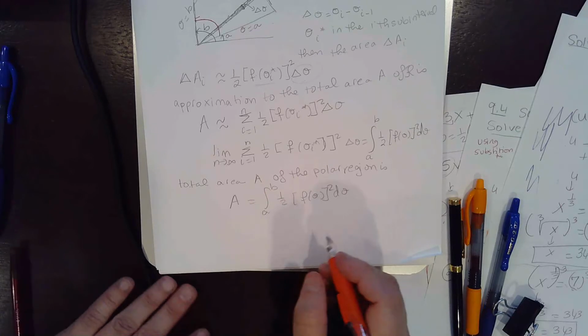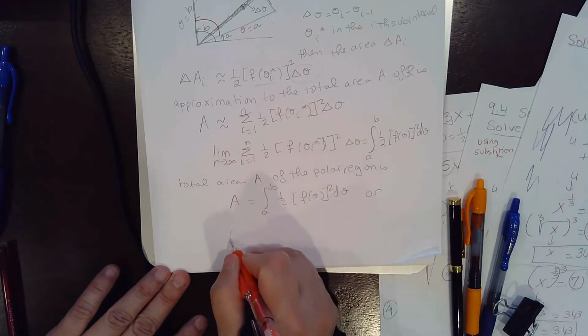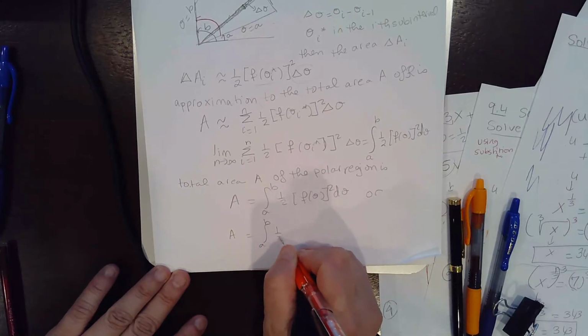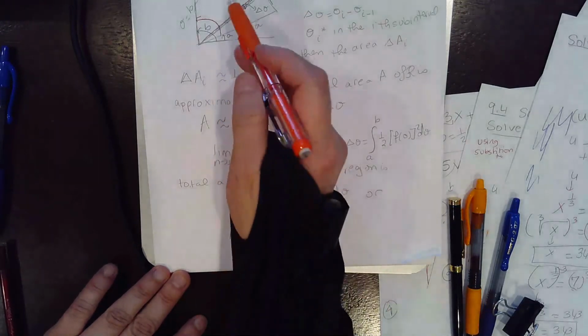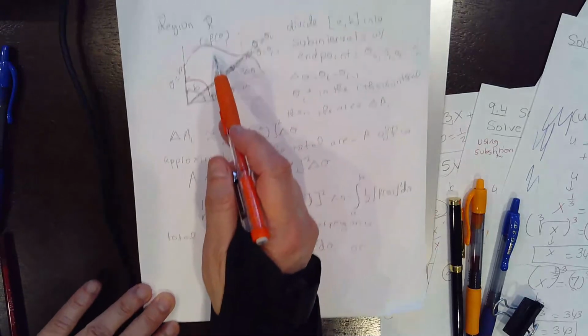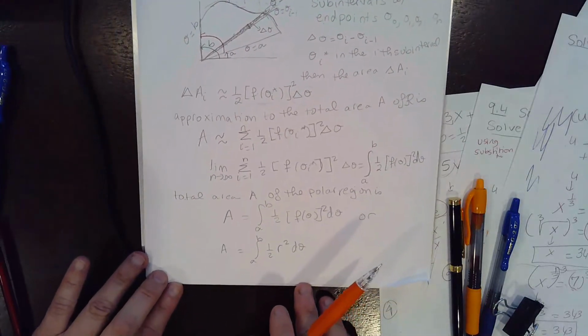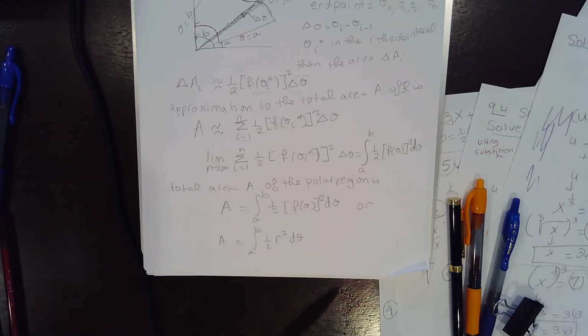This is often written as the integral from a to b of 1/2 r squared d theta. Remember, r is equal to f theta. Okay, so this is the area right here.